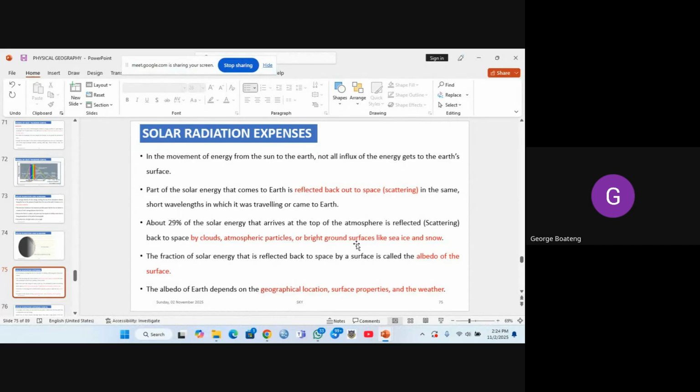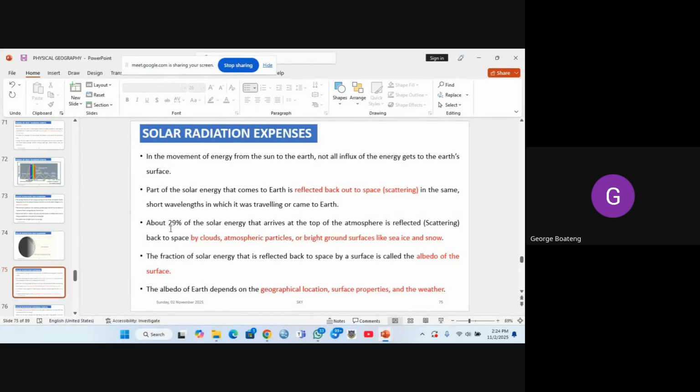Now, what happens before those things are scattered? It depends on what the atmosphere is made up of. When you have more clouds, more snow, and more water droplets in the atmosphere, much of it is scattered.